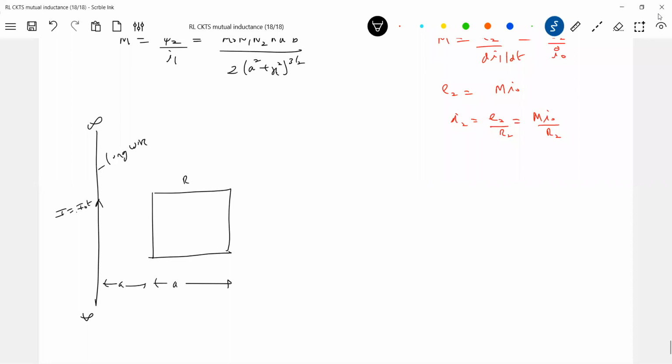Let the side length of the loop be A, and let lambda be the resistance per unit length of the square loop. Now I want to find the current flowing in this square loop.